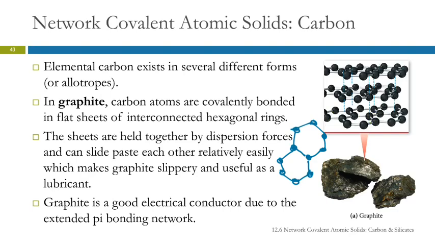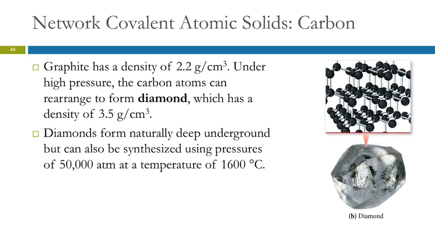That delocalized pi bond is what allows graphite to conduct electricity. Graphite has a density of 2.2 grams per cubic centimeter. If you subject graphite to extreme pressure and temperature, you can change the structure of it and get a diamond.